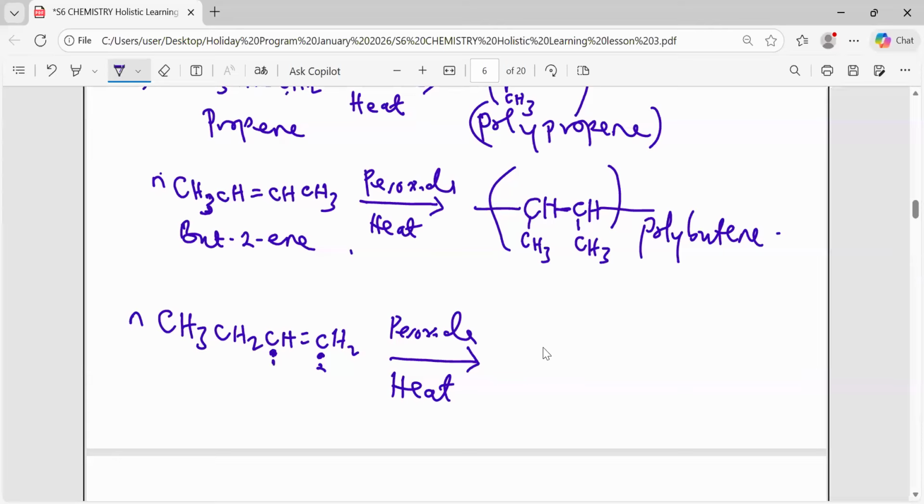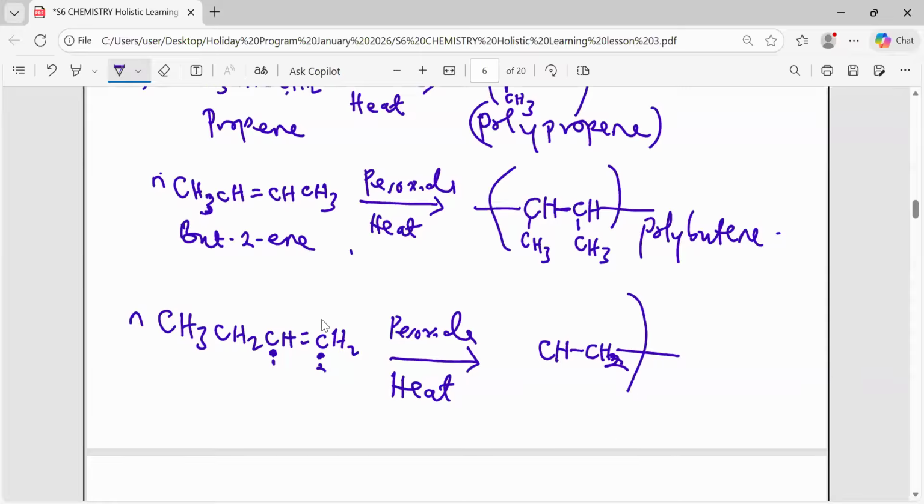When the polymerization takes place, we no longer have the double bond, we remain with a single bond, because the other double bond is the one which helped in attaching this carbon atom to another molecule. This is carbon 2. This is the bond which broke from here and went to attach to another molecule.